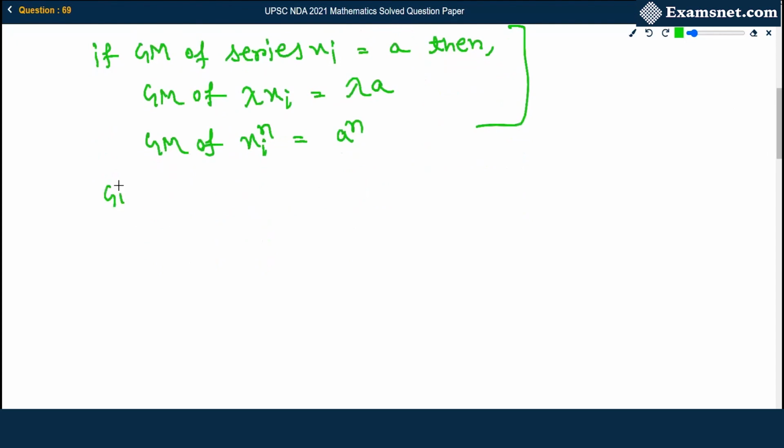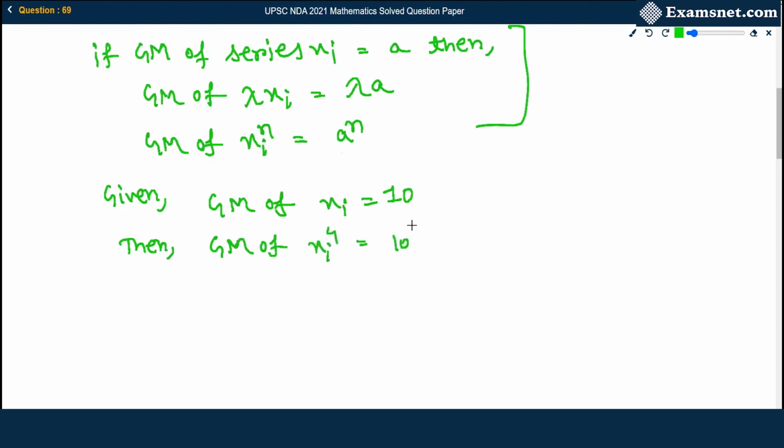So it's given GM of xi is 10. Then GM of xi to the power 4, obviously from the formula, I can write 10 to the power 4.